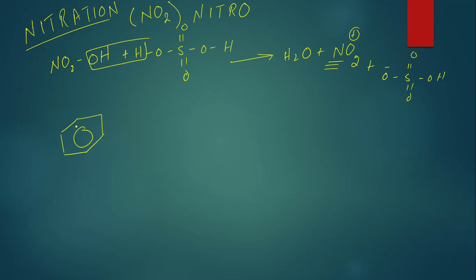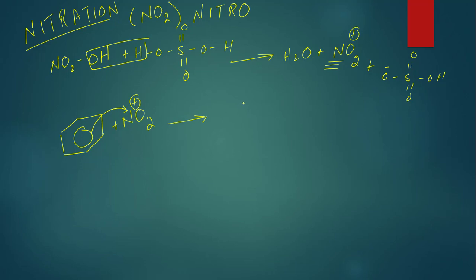This is a pi electron system, so this NO2 will attach to this pi electron system. These curly arrows show the movement of electrons, flowing from this side to this side. This is the first step.